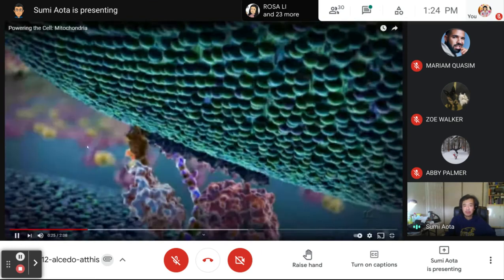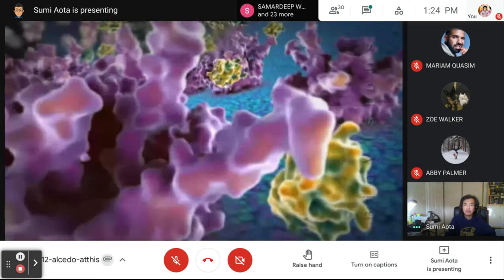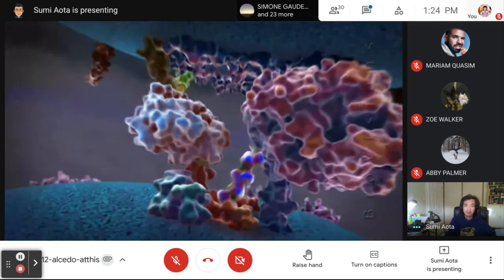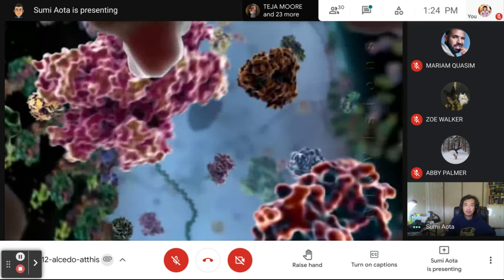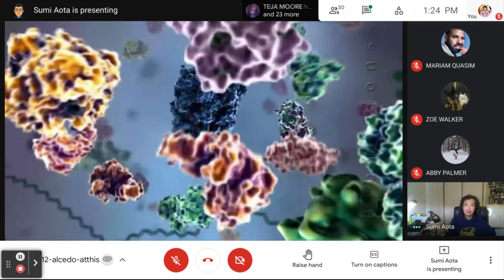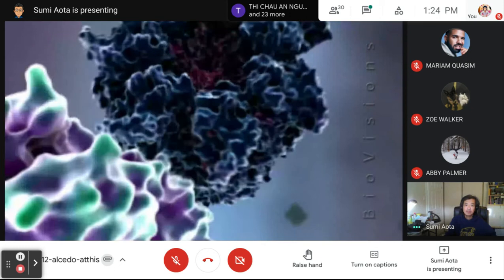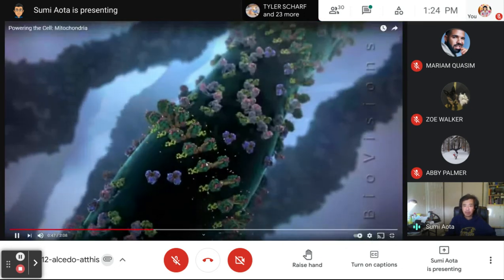Proteins being shuffled in. There's the electron transport chain.